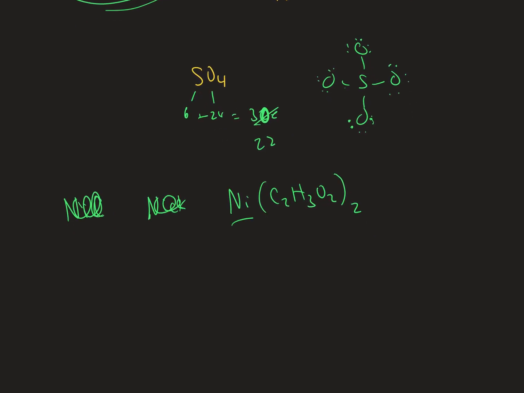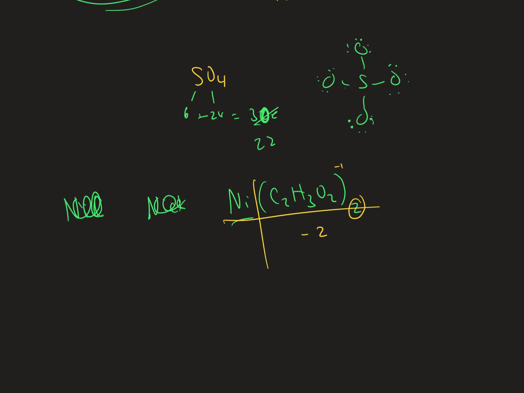Since this is a transition metal, we better find the charge of it. And what's the charge of acetate ion? It is -1. And this is what we gotta know, guys. Gotta know this. So -1 times 2, because there's 2 of them, because there is a parenthesis, right?